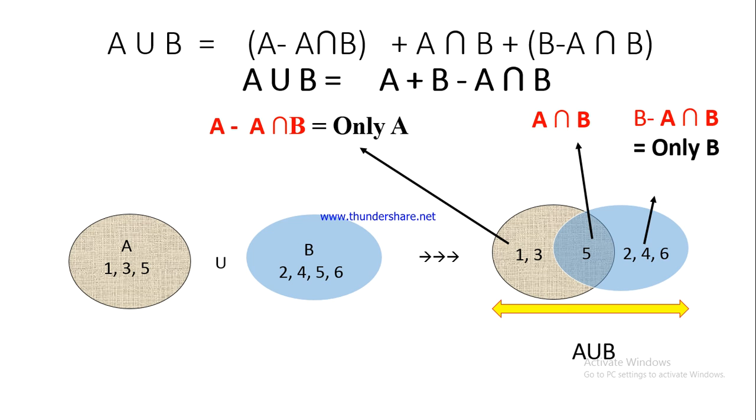A union B is equal to A plus B minus A intersection B, and this proves our formula.